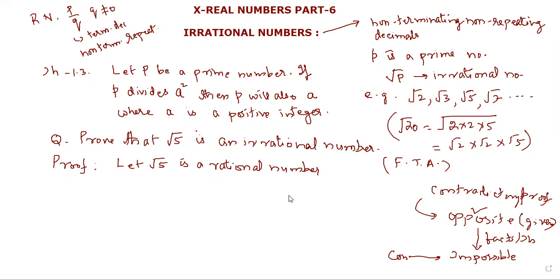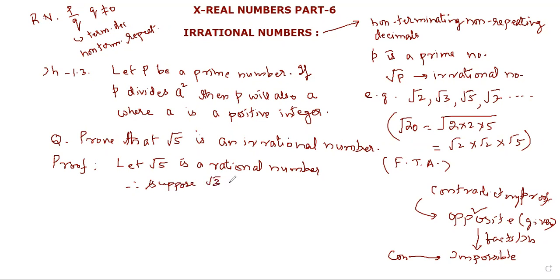Okay, here as it is a rational number, so it can be written as... Therefore, suppose √5 is a rational number.